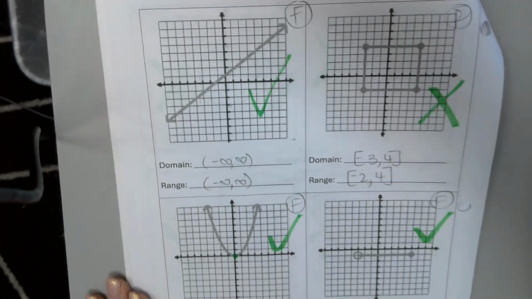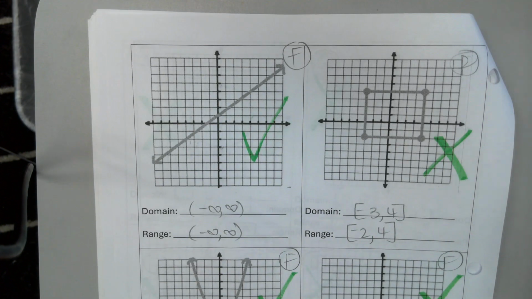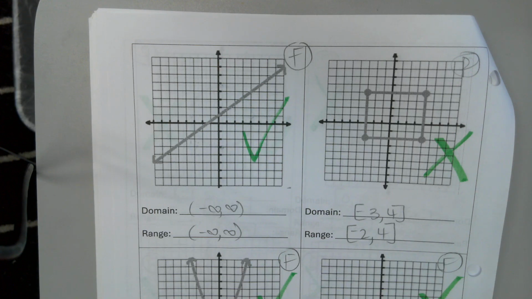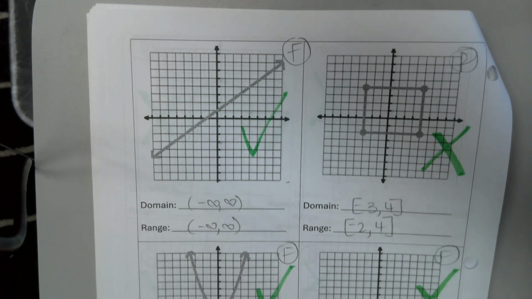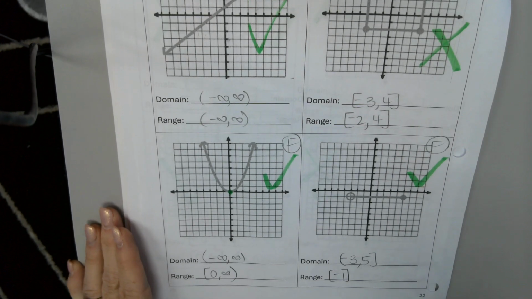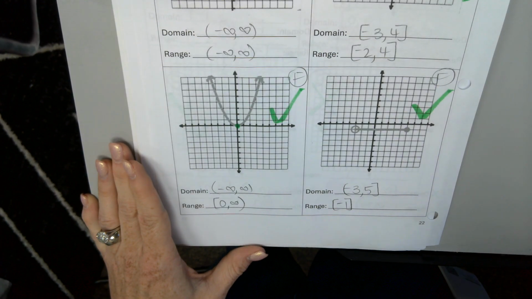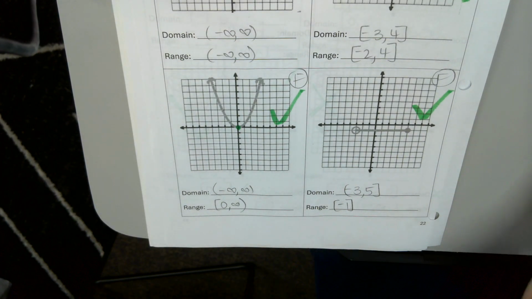All right, now let me go back to page 22 so that you can look at that. There's the top two on 22. And then here's the bottom two. Uh-oh. All right, do what?